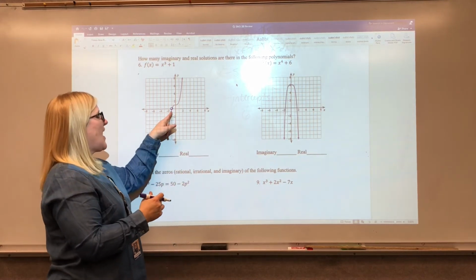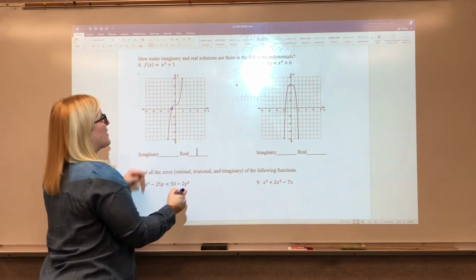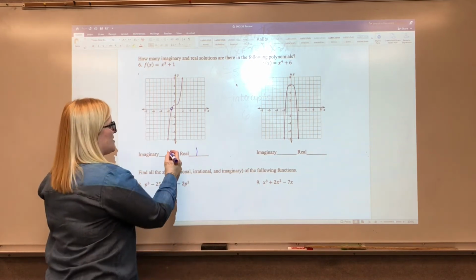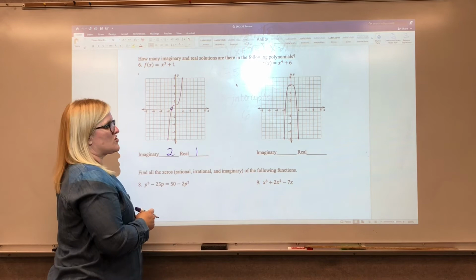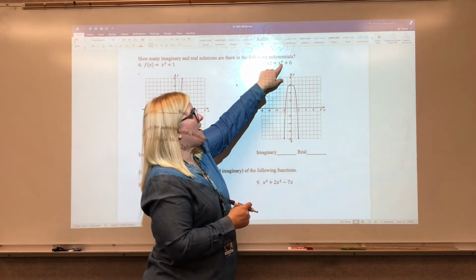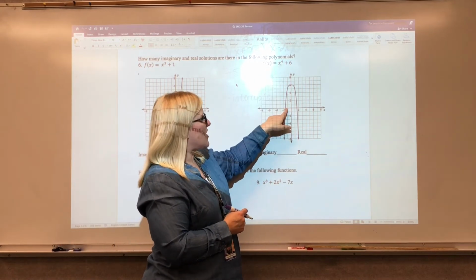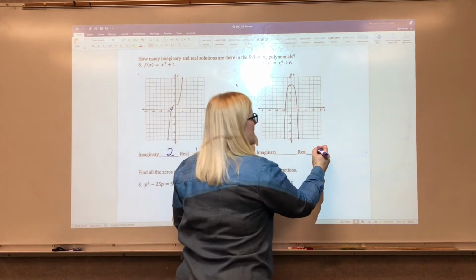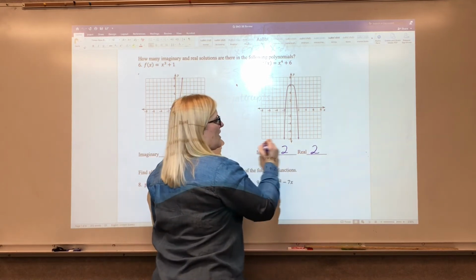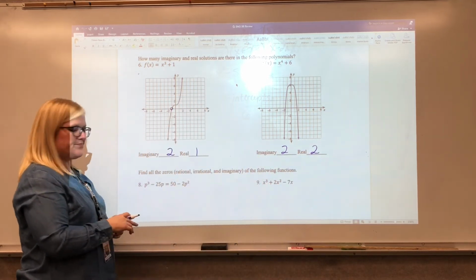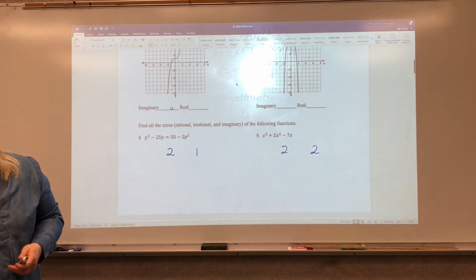So I only have 1 real root, but I have a total of 3, so that means I have 2 that are imaginary. Okay, over here I'm going to have a total of 4. It crosses twice, so I've got 2 real and 2 imaginary. Okay.